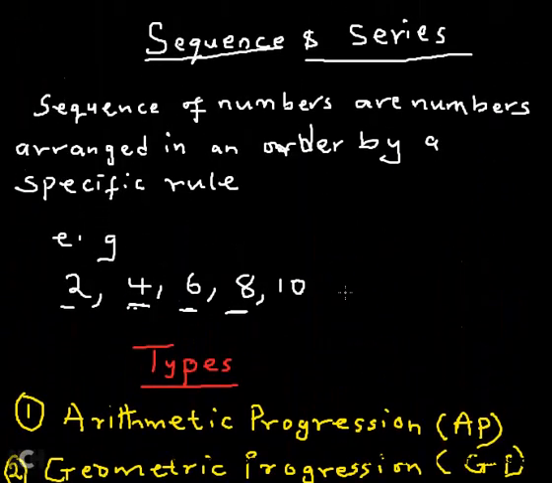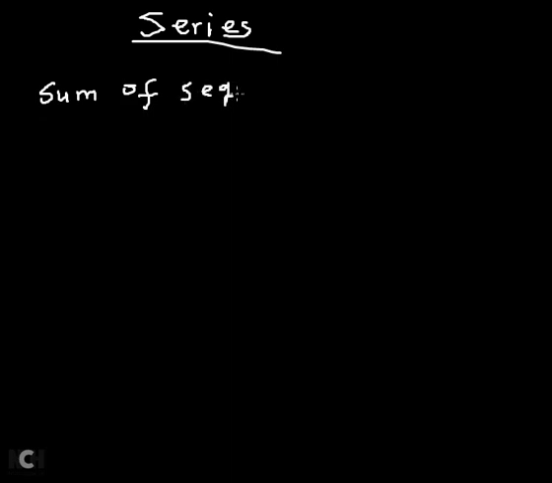Okay, now let's proceed. Now remember we started with sequence and we also have series. Now the question is, what is series? Series is simply the sum of a sequence. So when the sequence is being summed, a sequence can be summed to any number of terms.